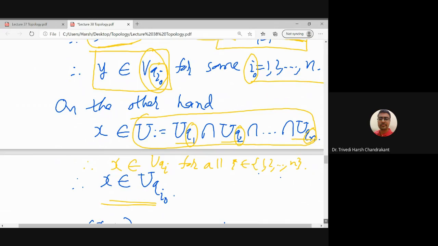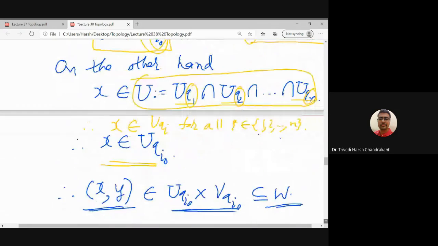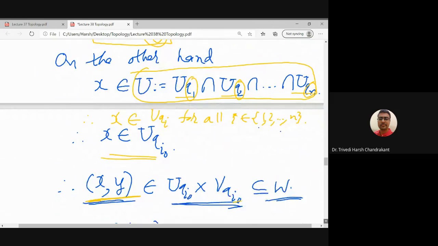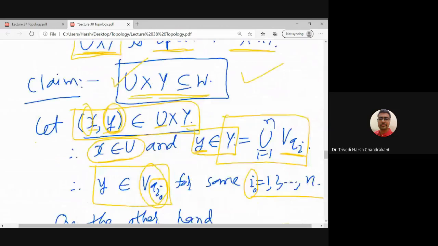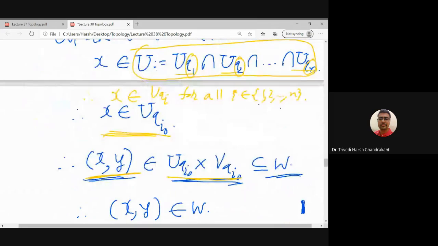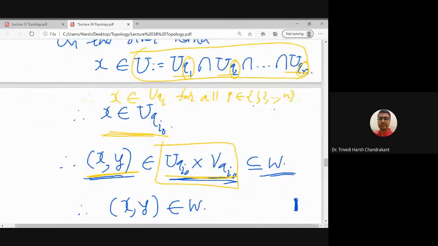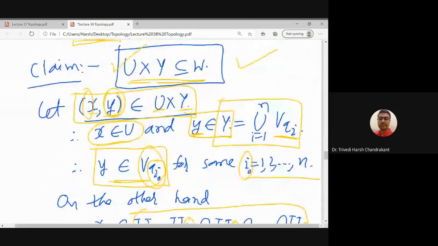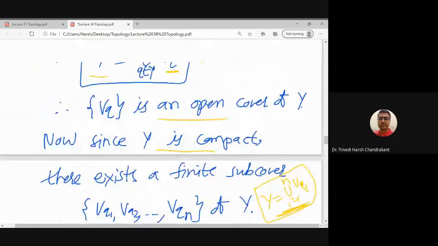And once we get this, we can finally write (x, y) belongs to UQ_i0 cross VQ_i0, because x is in UQ_i0 and y is in VQ_i0. Right, so (x, y) belongs to UQ_i0 cross VQ_i0, and every such pair UQ cross VQ is already in W. So let us recall how we defined UQ and VQ.